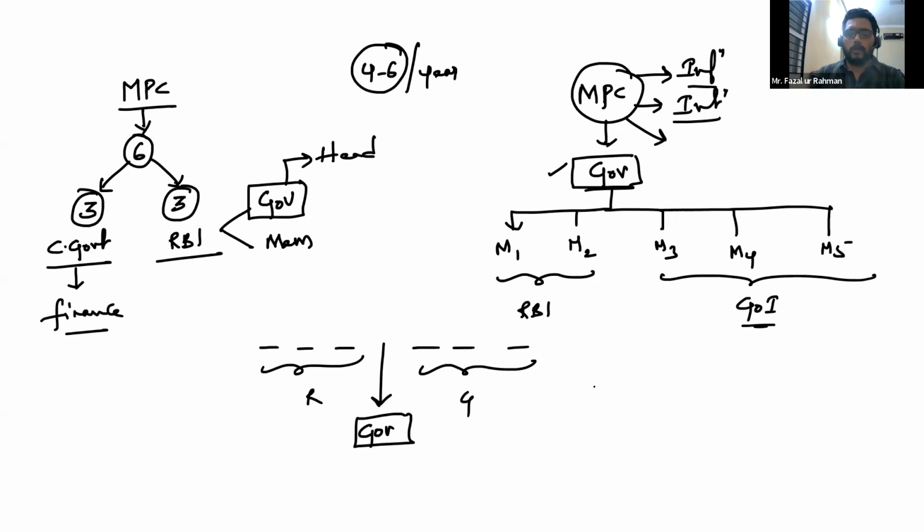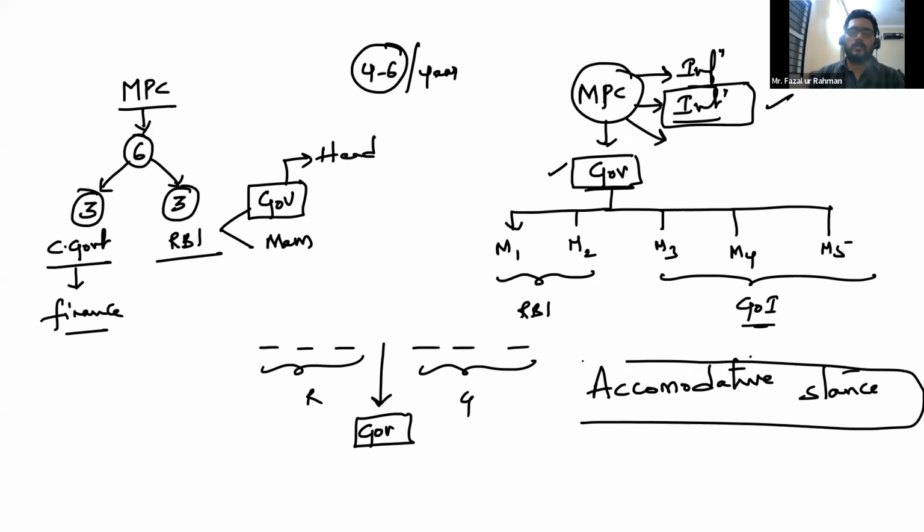Now, accommodative stances. See, in general, whenever the MPC committee meets, it will try to change the interest rates. And nowadays, we are going to follow the accommodative stances. What does it mean?